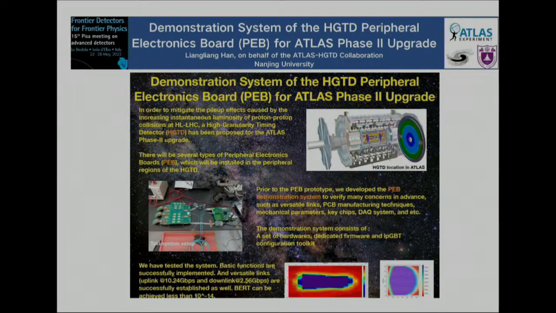In this phase, it's a demonstration of the basic functionality of this board. And an interesting aspect is that they paid attention to be able to use commercial ASICs. So if they have some problem with the ASICs they are developing, then they might fall back on chips that are commercially available. So one way to cope with this crisis.